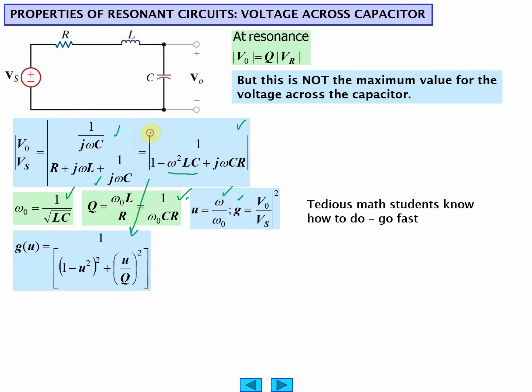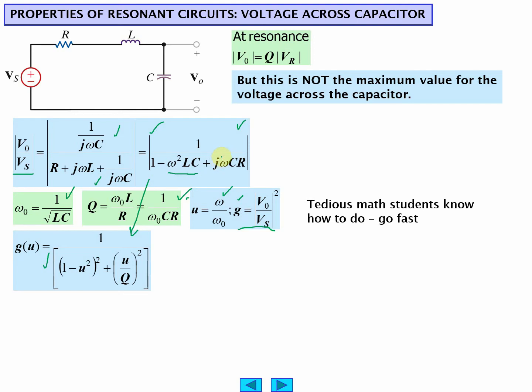Absolute value signs, that's where we get this expression here. And I believe they forgot the square root. Oh no, they're taking the square of the voltages. Yeah, they're taking the square of the magnitude. G of u is the square of the magnitude. So this is perfect.